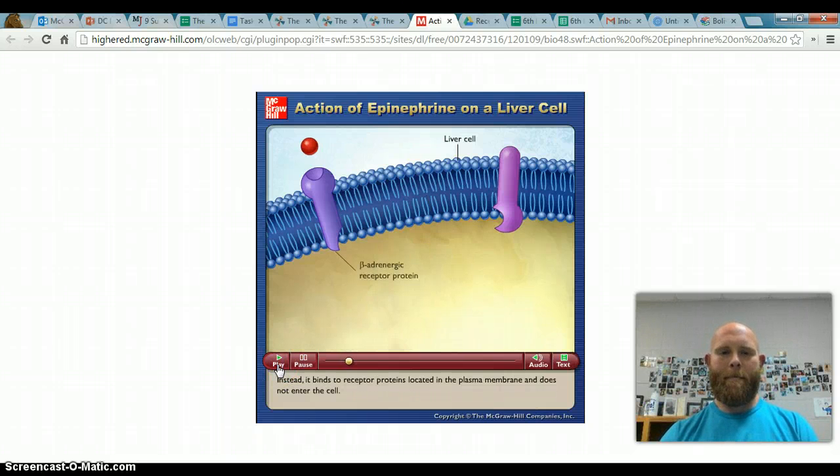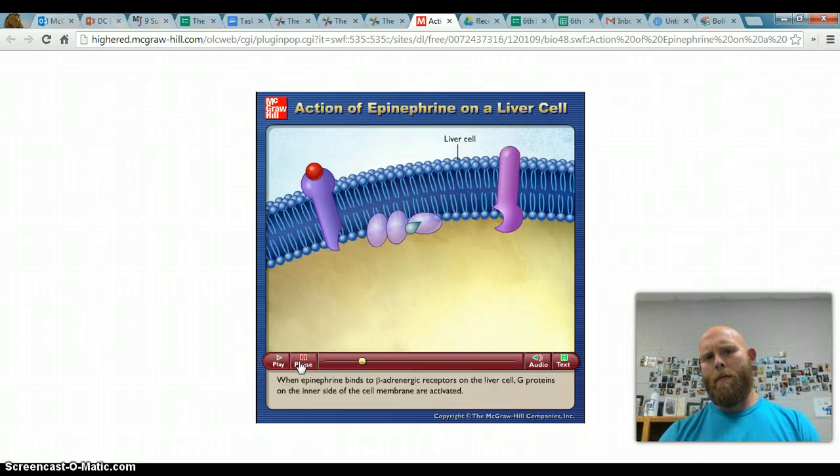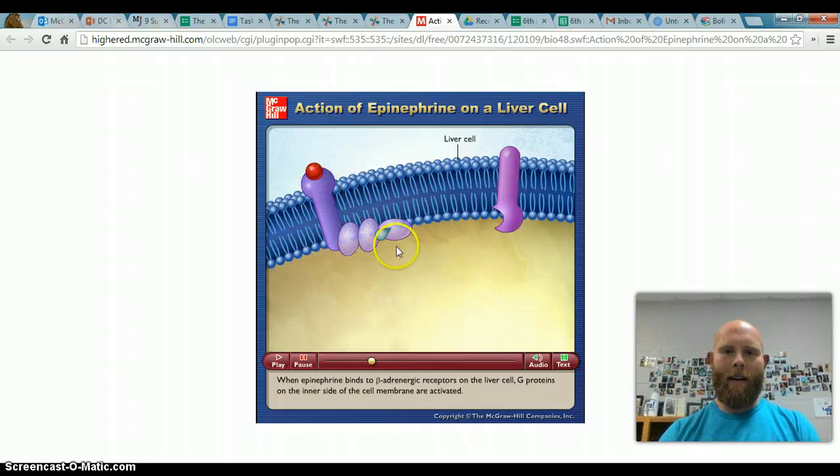Instead, it binds to receptor proteins located in the plasma membrane and does not enter the cell. When epinephrine binds to beta-adrenergic receptors on the liver cell, G proteins on the inner side of the cell membrane are activated. Okay, so making this a little bit easier, this thing binds to here, causing these proteins to combine with this and become active.